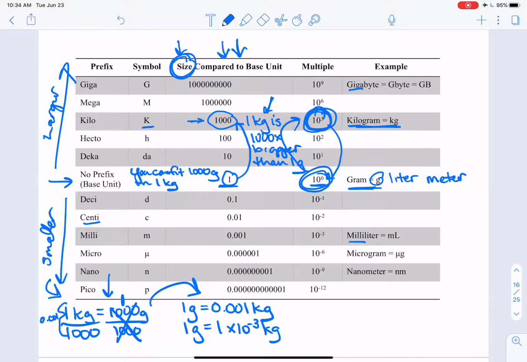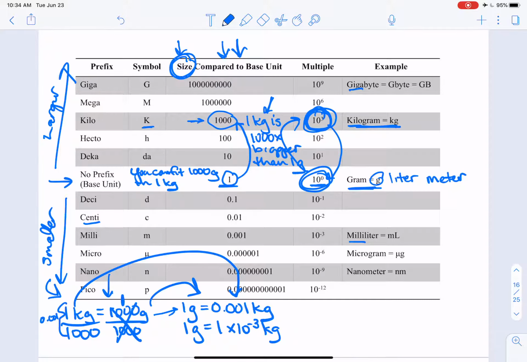And I just flipped it around so the 1 gram was on the left and the 0.001 gram was on the right-hand side. And that's totally legal in math too. Okay, so there are other versions of this also.